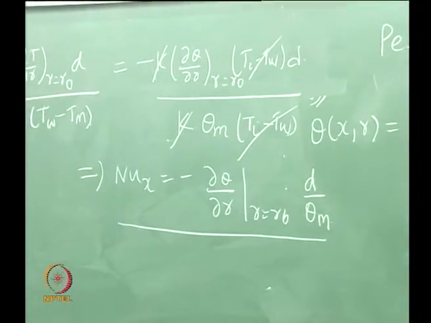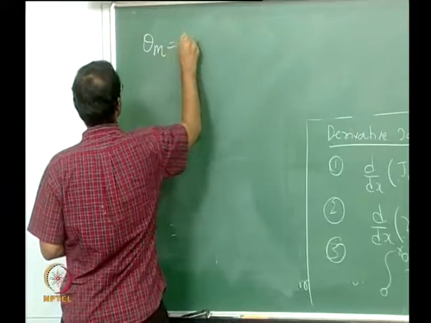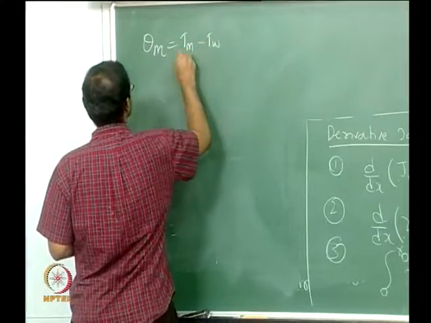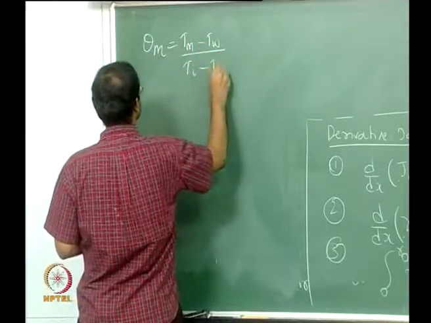So your theta m is nothing but Tm minus T wall by Ti minus T wall.